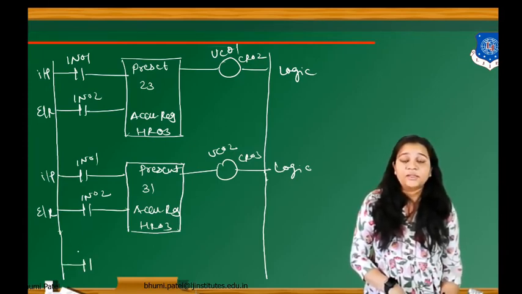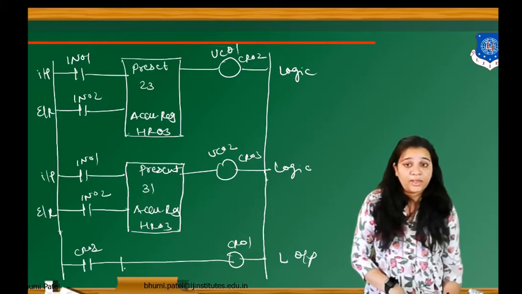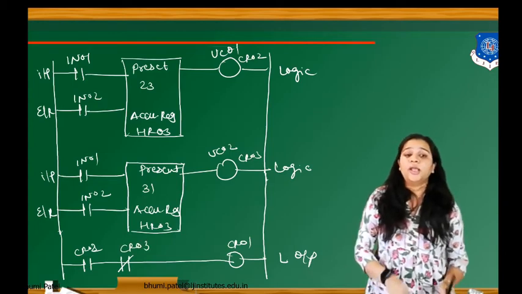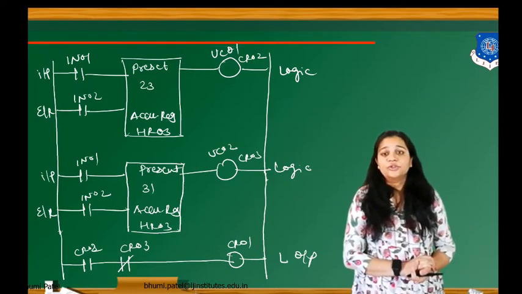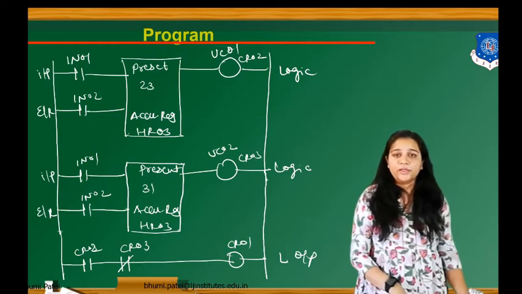When 23 is reached, my indicating light L, this is my output, CR01, will be on, and when the count reaches 31 the indicator light goes off. So here we can connect the normally closed contact for this light off. Okay, so this is the logic of program number 2.